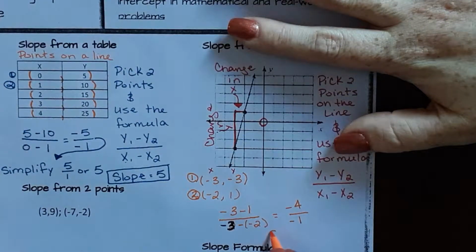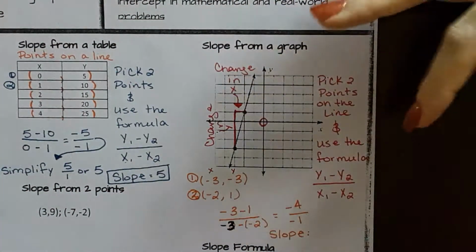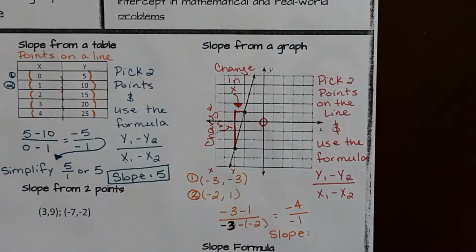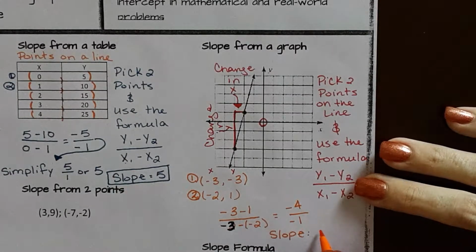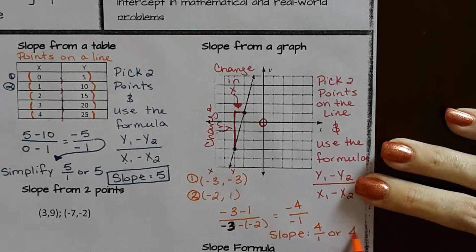Our last step is to simplify this fraction as far as it will go. Remember, when you have a negative divided by a negative, it becomes positive. So our slope is 4 over 1, or 4.